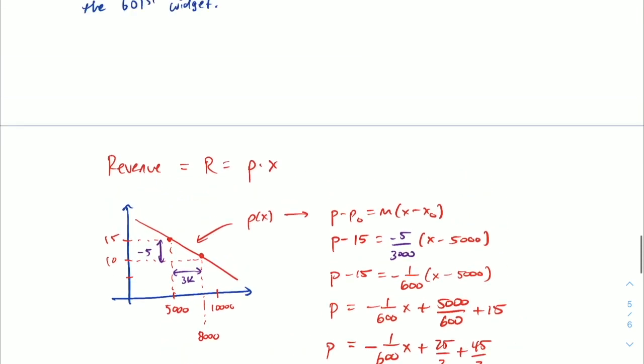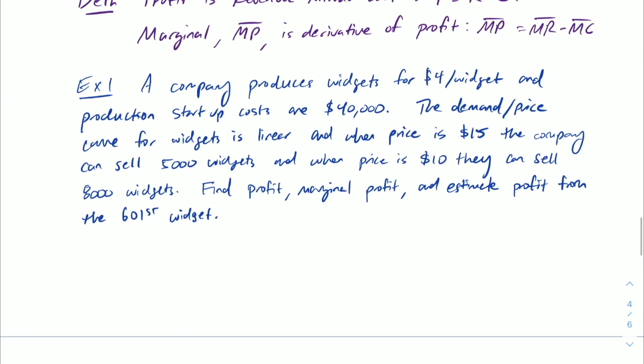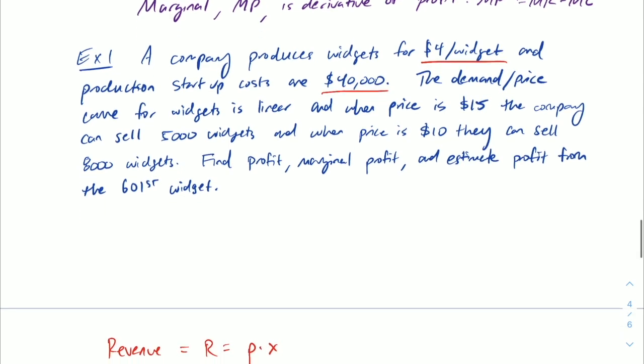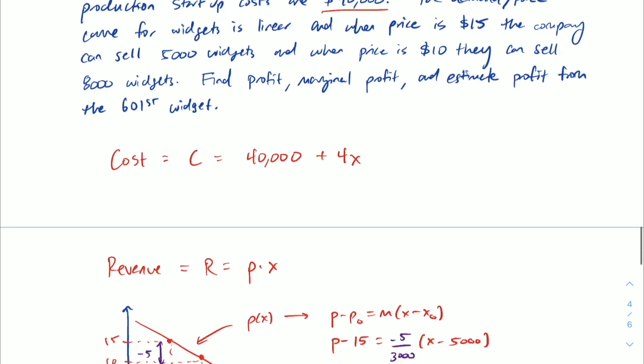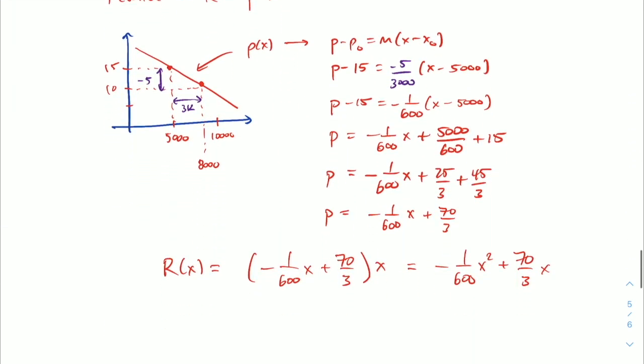Okay, so now let's construct our cost function. Our cost function comes from the $4 a widget and the 40,000 startup costs. So let's write it up here. Cost is C, which is 40,000 plus 4X. So we have our cost, we have our revenue, so now we can write our profit.